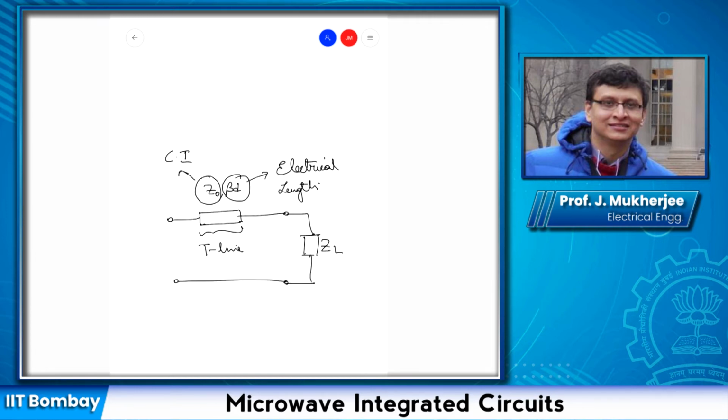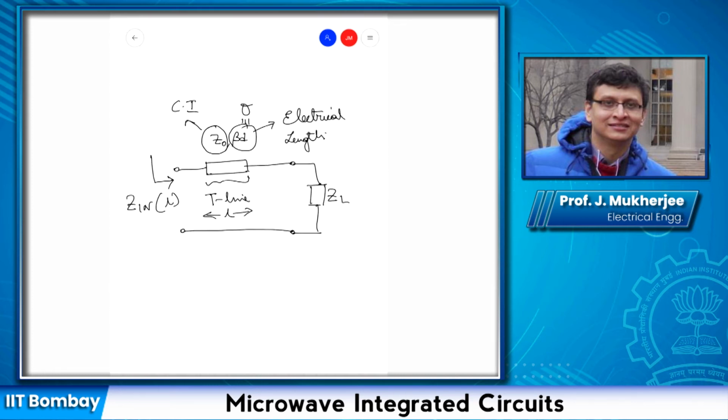Now, if we calculate the Zin L, the total length of this transmission line is L. By the way, this beta D is also sometimes referred to as theta. These two terms are sometimes equivalent.